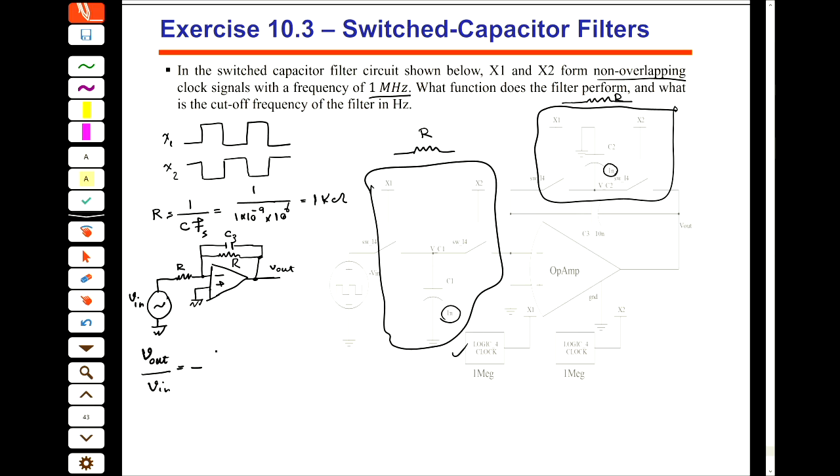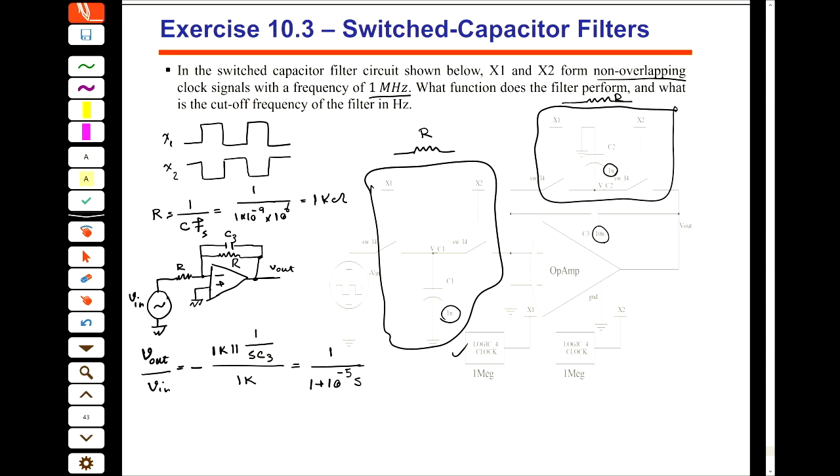So Z2 is this 1K in parallel with 1 over S C3, divided by 1K. And then if we apply the value C3 equals 10 nanofarad, we will see that it is equal to 1 divided by 1 plus 10 to the power minus 5 S.